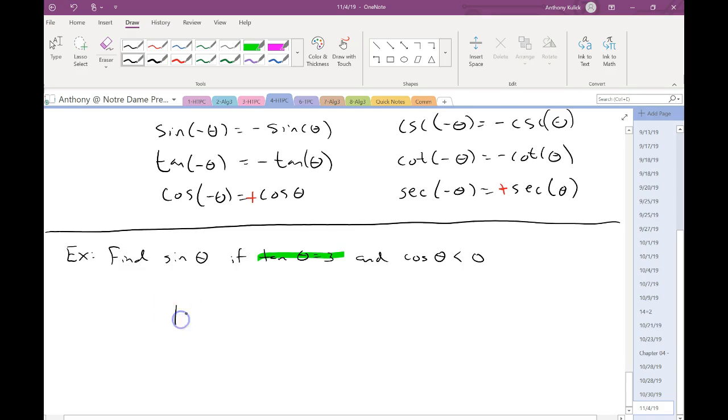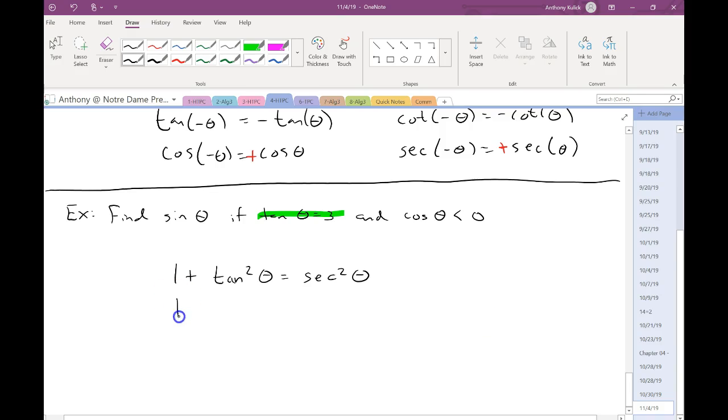I have an identity that relates tangents and 1 over cosines, or secants, together. If tangent is equal to 3, tangent squared would be 3 squared.